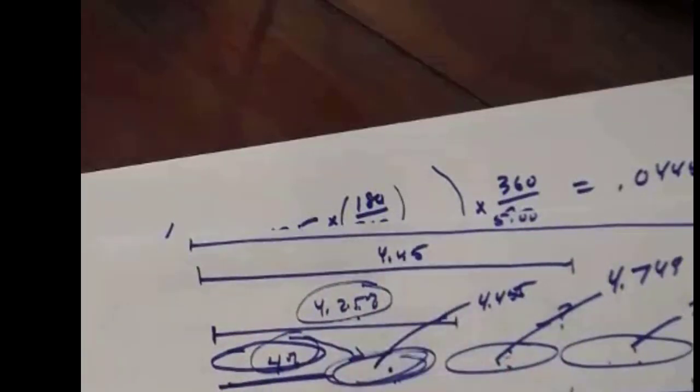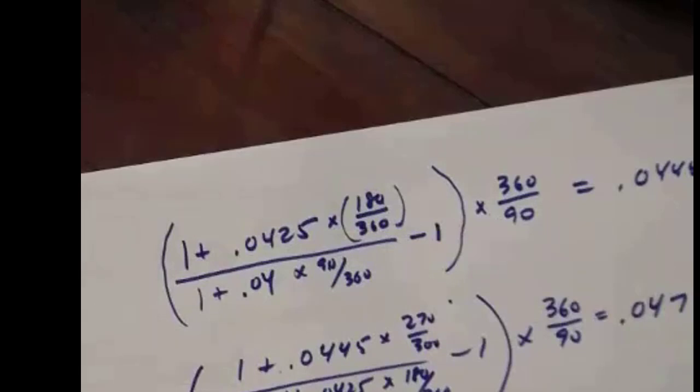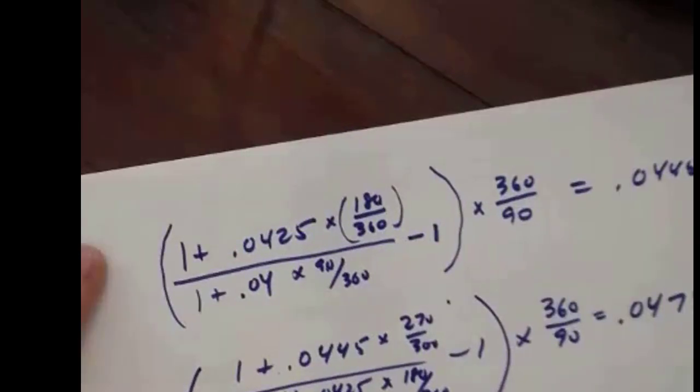We'll end up on a quarterly basis, and we multiply it by 4 to get an annual rate.